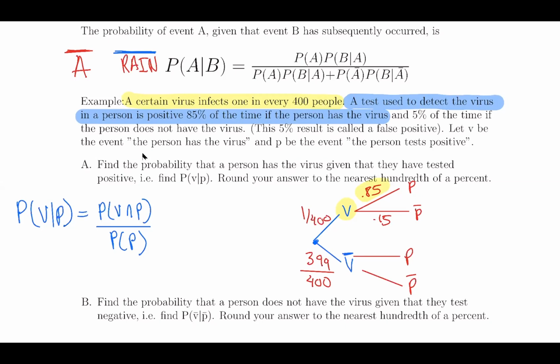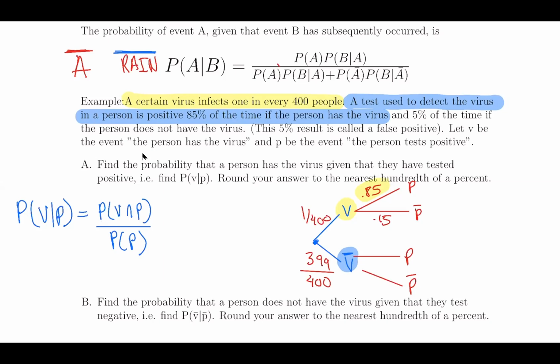So now we're going to focus on people who don't have the virus. Of the people who don't have the virus, how many of them test positive? If you want to keep on reading where I highlighted blue, if you look at the "and" part, that should give you the answer for the next portion.